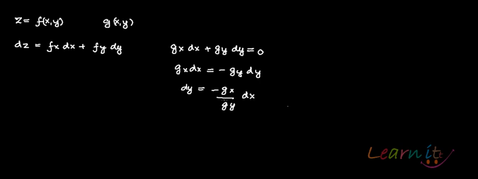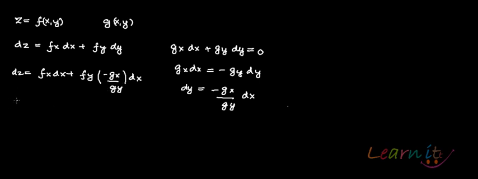This is what you can have. Now you can substitute this dy here, so what you will get is dz, which is equal to fx dx plus fy into minus gx by gy dx. So you have everything now in terms of dz and dx.